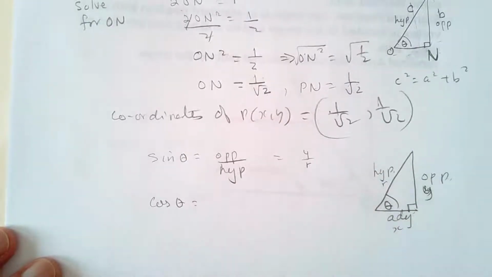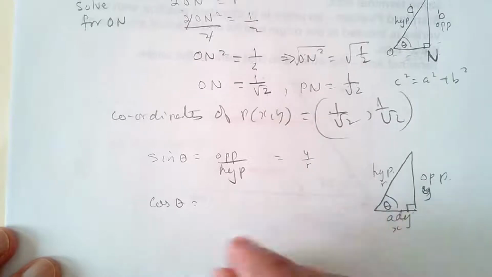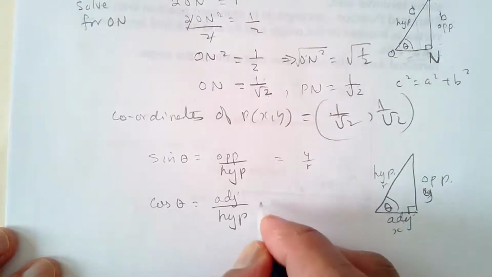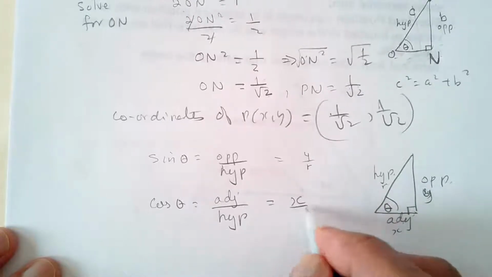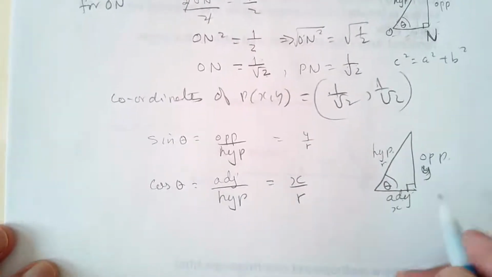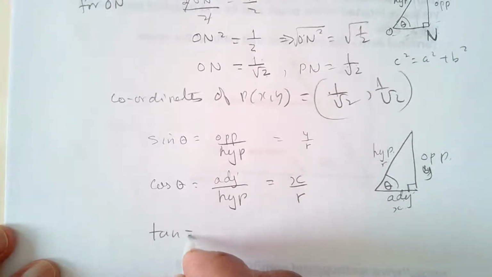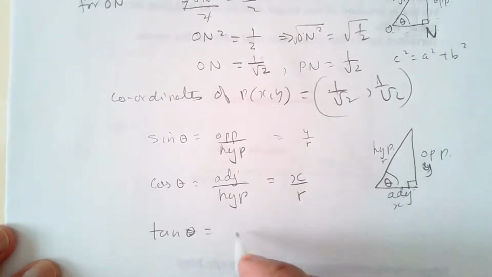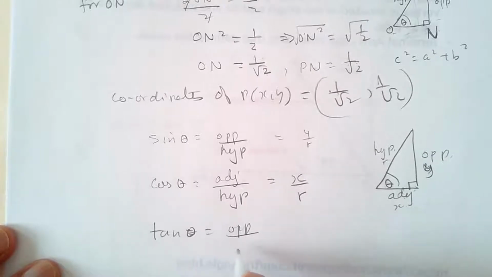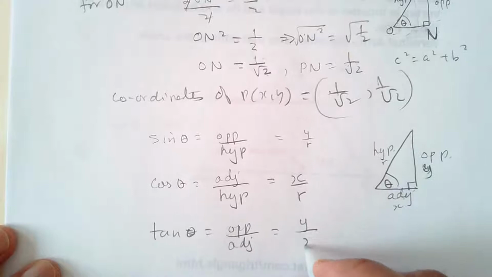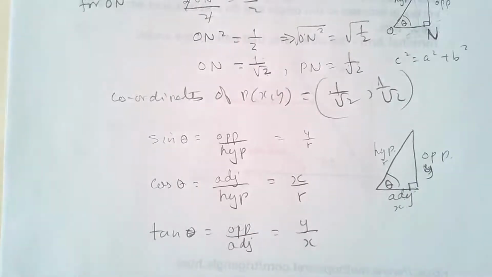Cosine theta is adjacent over hypotenuse, which we can write as x over r. Tangent is opposite over adjacent, which is y over x. So recall these three trig ratios we'll be using.